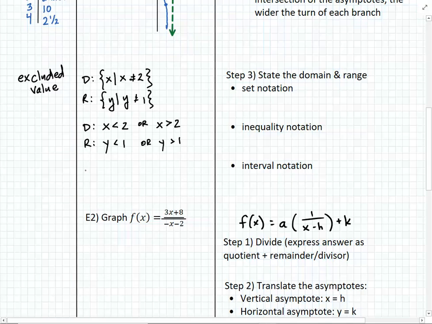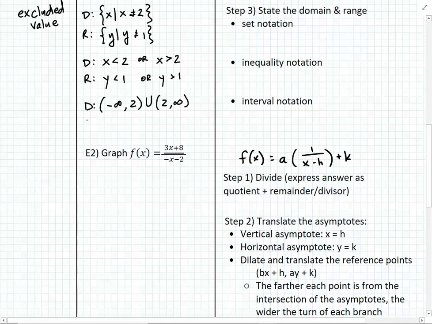And likewise, in interval notation, we'll represent those 2 branches similarly, and we put a U in the middle to represent the word union. And that's all the way from negative infinity up to 2, but look at the soft brackets, not including 2. This is how we represent that. We're going to skip the number 2, and likewise for the range up to 1, but not including 1.